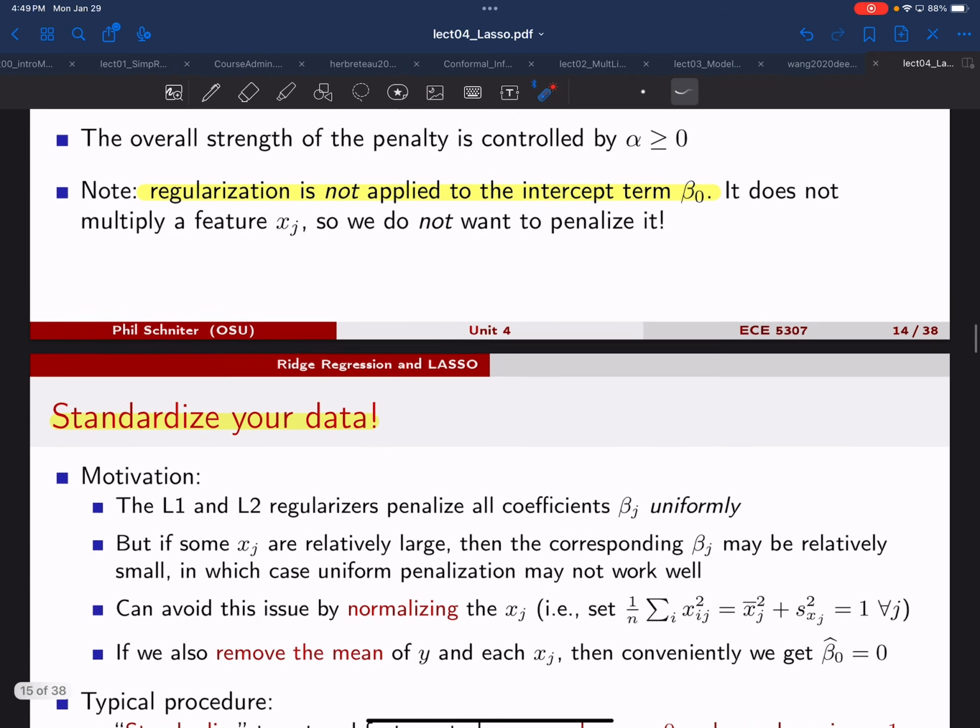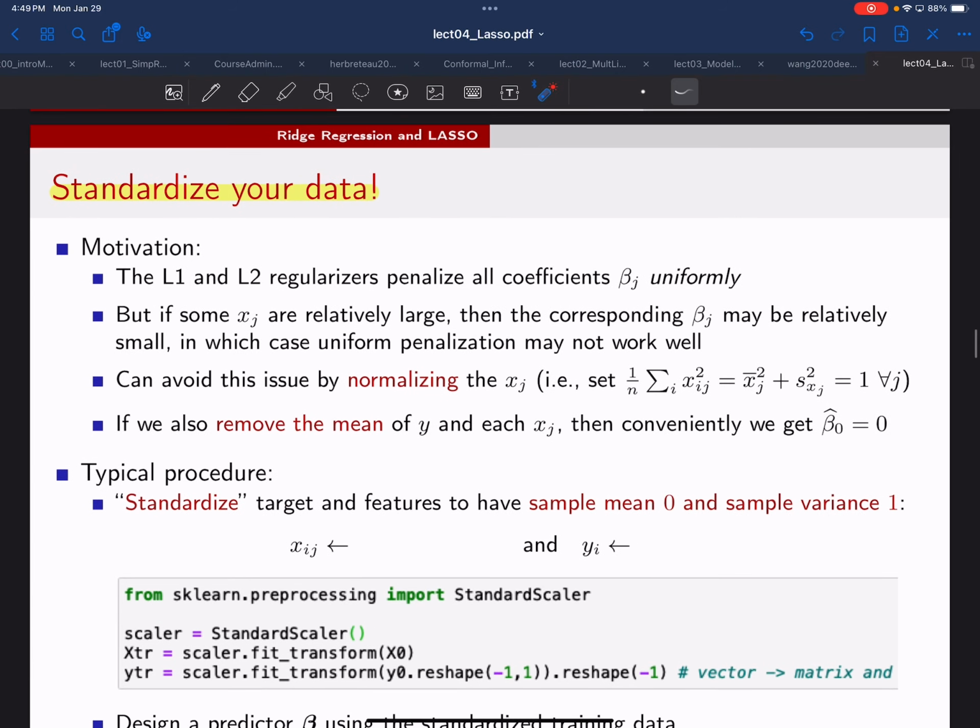And so that means it wouldn't work to have X1 be massive and X2 be tiny, because then the betas would have to compensate for those X's, but then the regularization would effectively penalize one of those betas much more than the other because it's really big or really small. So that's the idea. We basically want to normalize the X's to get rid of that problem.